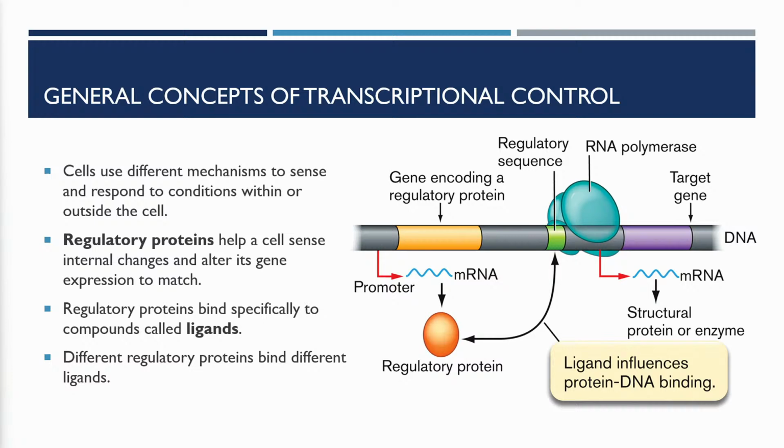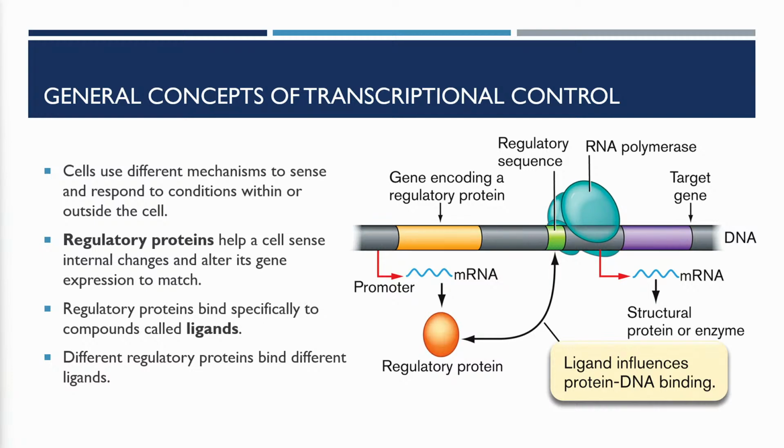This is largely controlled by regulatory proteins that specifically bind to compounds that are provided by the environment. We call these ligands. Different regulatory proteins bind different sets of ligands. You could have a regulatory protein that binds a carbohydrate and then alerts the cell that there's a carbon source available.